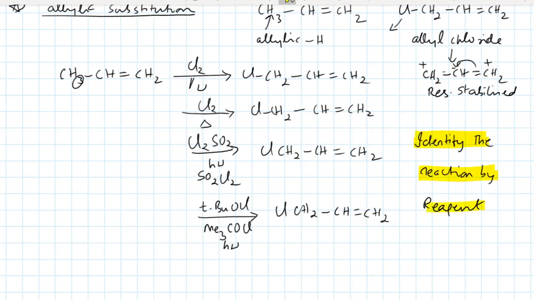In the case of halogen in the presence of light, halogen with heat, or any other compound where homolytic fission takes place, like sulfuryl chloride and tertiary butyl hypochlorite, all these compounds will undergo homolytic fission to produce the free radical and give the same compound.